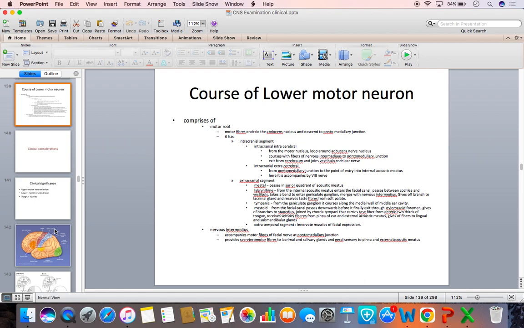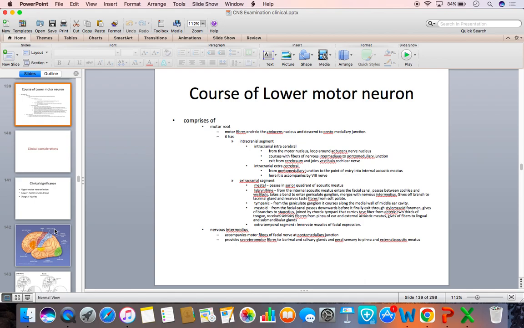Intracranial segment could be again intracerebral or extracerebral. Intracerebral part of the facial nerve is that segment which runs from the nucleus of the facial nerve in the upper pons down to the pontomedullary junction where it exits.